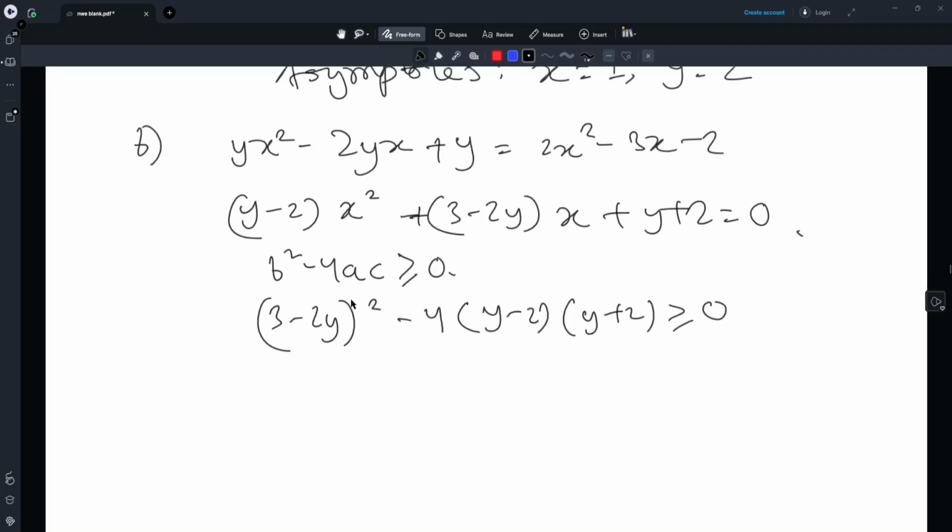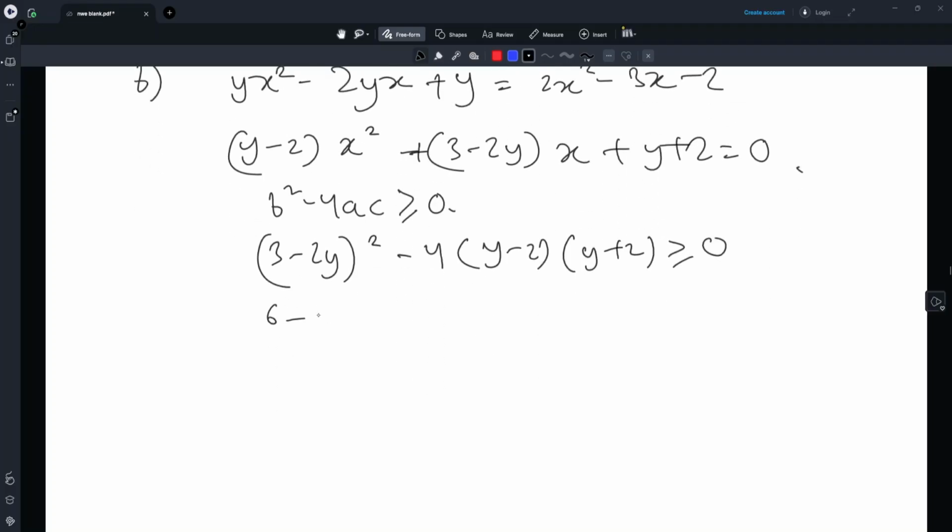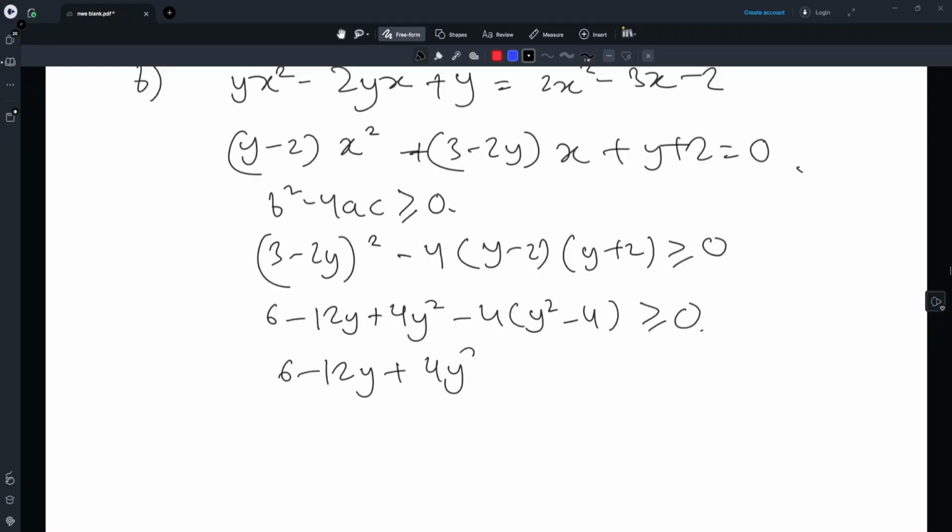I hope it's correct. We have 6 minus 12y plus 4y square minus 4y square plus 16 greater than or equal to 0. Then we have minus 12y plus 22 greater than 0.